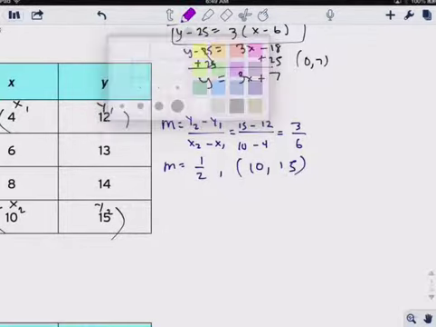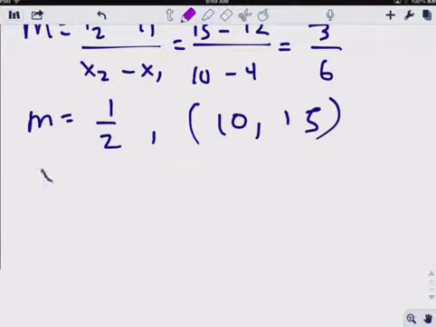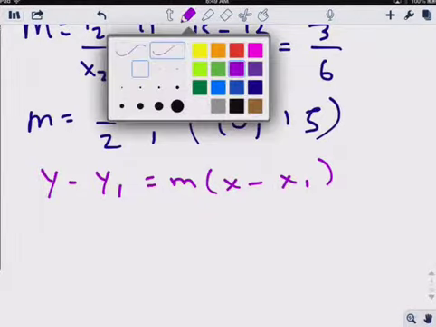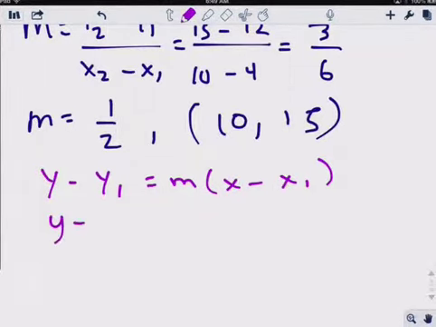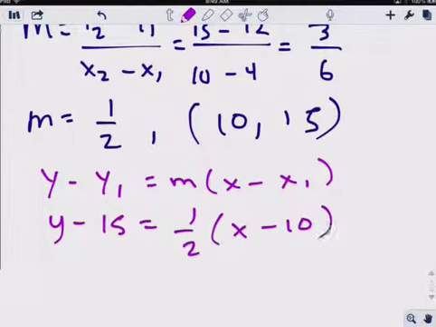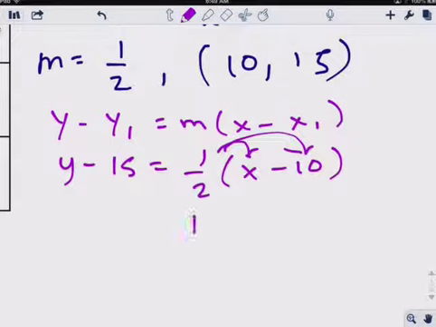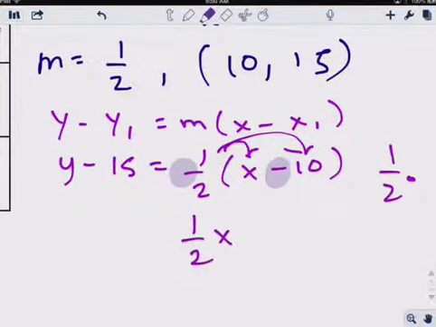Okay. Y minus y1 equals m parentheses x minus x1. I'm going to keep the color. Y minus 15 equals 1/2 parentheses x minus 10. Okay, distribute. 1/2 x, 1/2 times negative 10, because it's a positive and a negative is a negative.